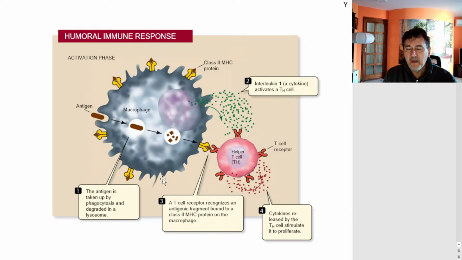So what happens here is that there are T cells, we will see that there are three types of them, and the helper type of T cells have a T cell receptor which recognizes the antigens. These T cells are only able to recognize the antigens if they are displayed by the MHC system. If they are only circulating in the body, they won't be able to bind them. So what is the point here?